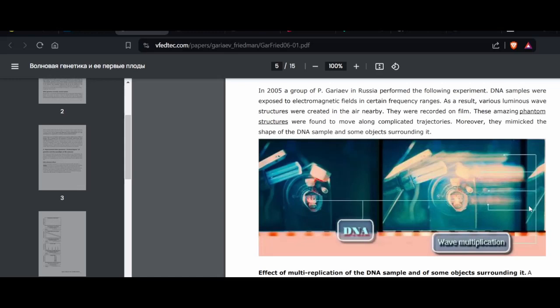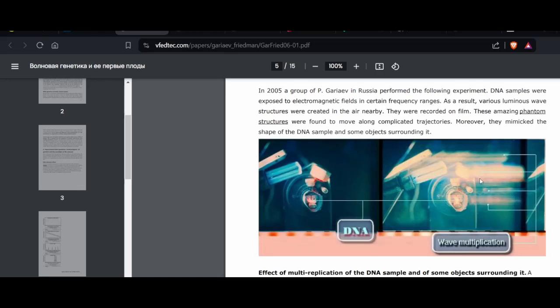That's what it looks like in this picture. But nothing is moving. Their system is completely stationary. All they've done between before and after is turn on the laser. So they're shining a light through the DNA sample, and somehow, apparently, that light seems to energize the DNA, and it produces this field next to it.